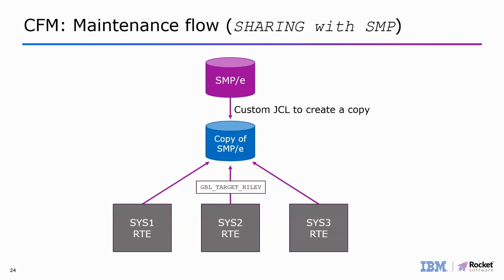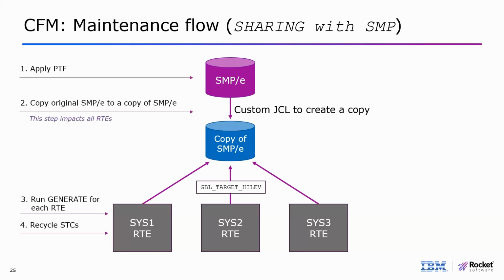This copy process can be anything from a dump restore, but it can also be a bit more sophisticated, to cherry pick certain libraries from the golden image. So when you do that, obviously you apply the PTF, you rerun your custom JCL copy, and then you run generate and recycle your started tasks.